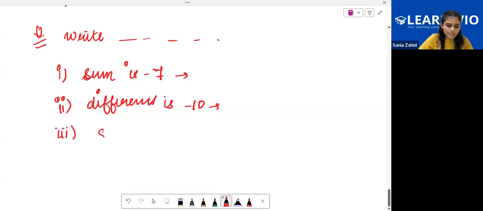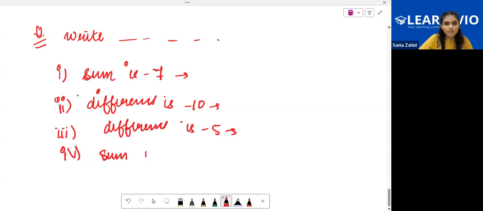The third is sum is 0. Okay, don't do sum is 0, we just now did this question. The third is difference is minus 5. And the fourth one you can do sum is plus 5.